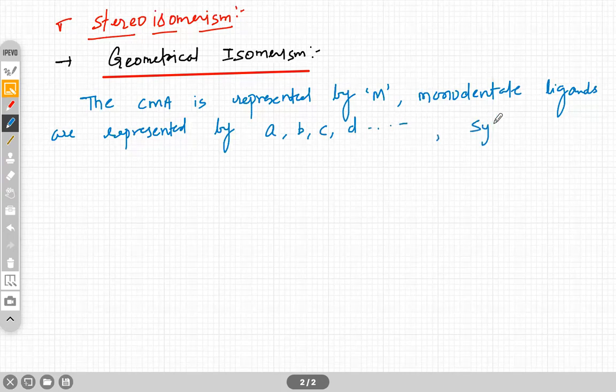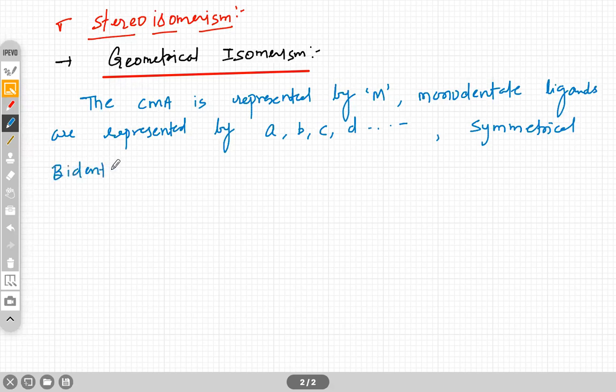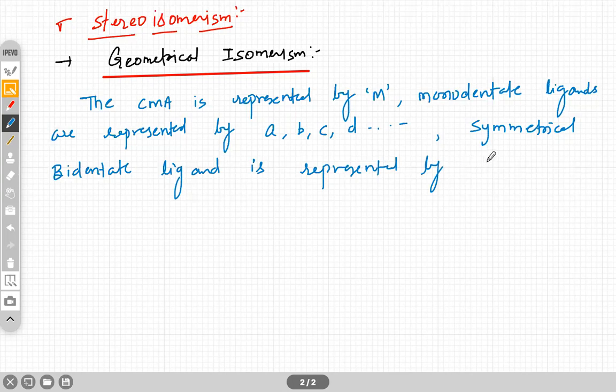Then we have symmetrical bidentate ligand. Symmetrical means both atoms are same, right? Symmetrical is not because of the structure, but because of the donor atoms.